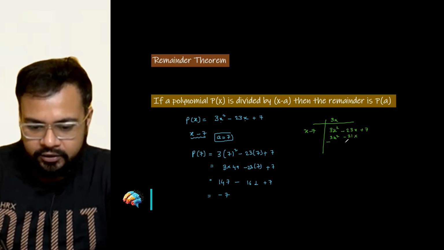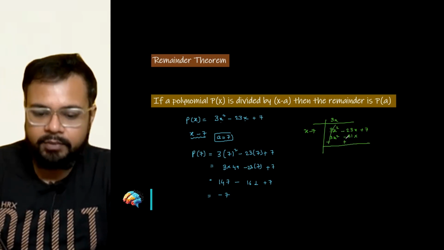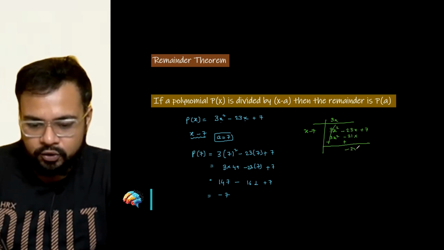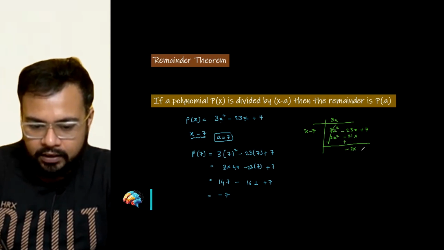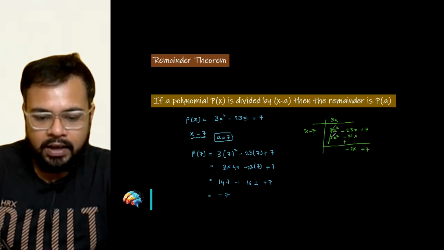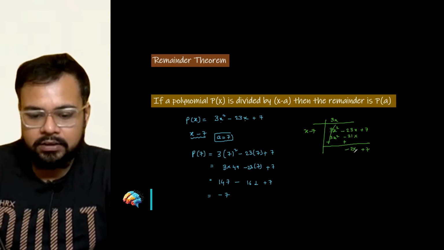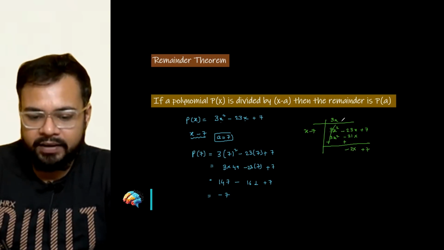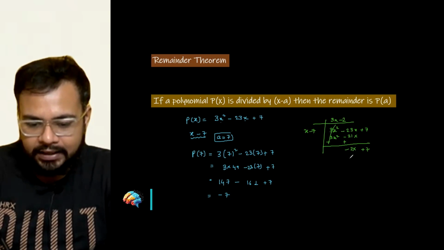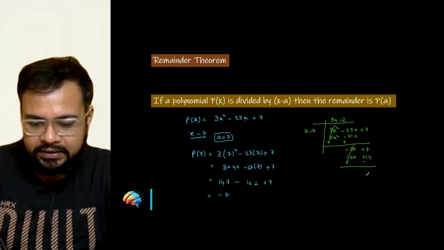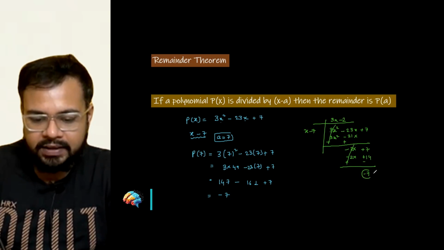Changing the signs here, this would become minus, this will become plus. 3x square is cancelled. I'll be getting a minus 2x from here, and 7 plus 7 will come up. To match the leading term again, I need to multiply with a minus 2, and that will give us minus 2x plus 14. Changing the sign, this will become minus 14 over here. The 2x cancels, and I get minus 7 as my remainder.